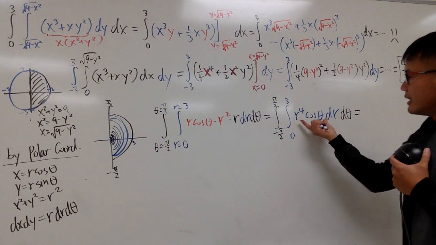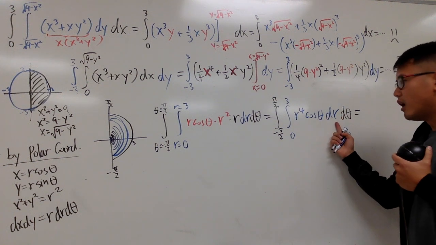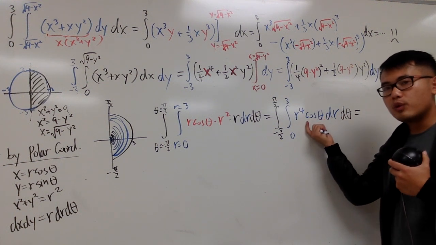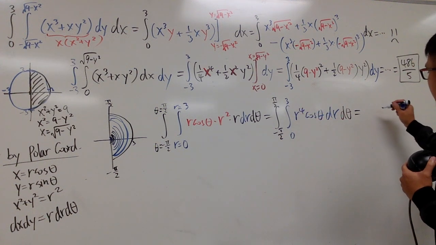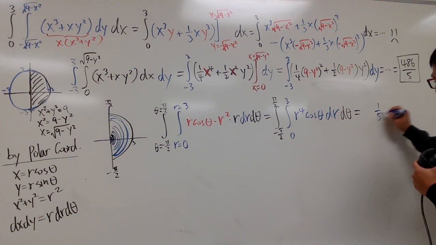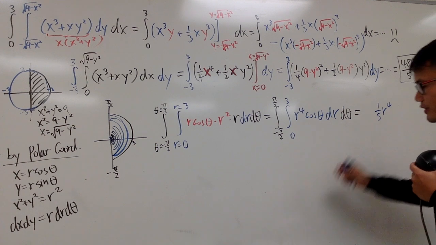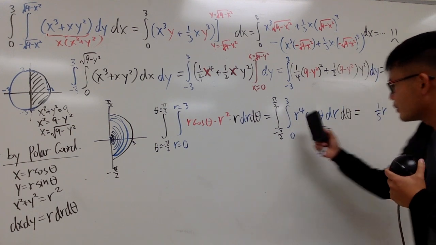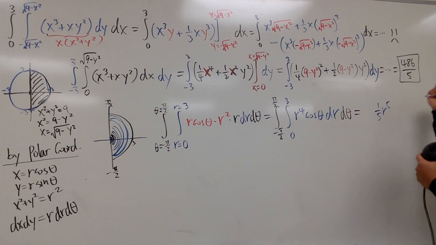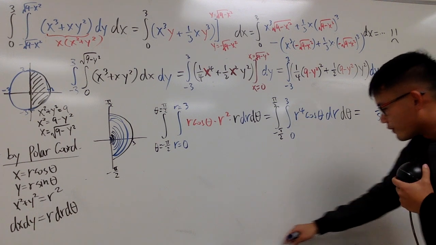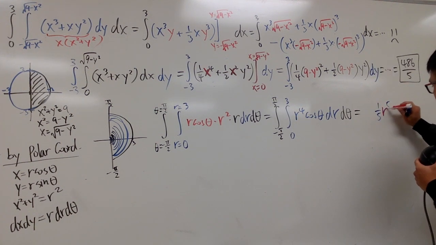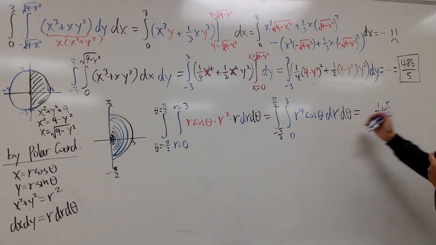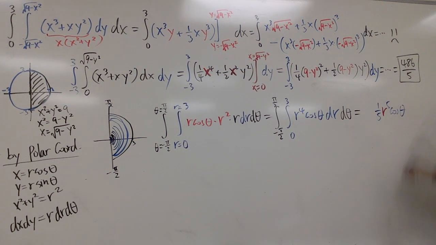Okay, let's integrate this in the r world. Cosine theta will be the constant, so it stays. And you integrate this, you get 1 over 5 r to the 5th power. You add 1 to the power, just like that. And then, of course, you pay attention to what r is, and you also write down the cosine theta.